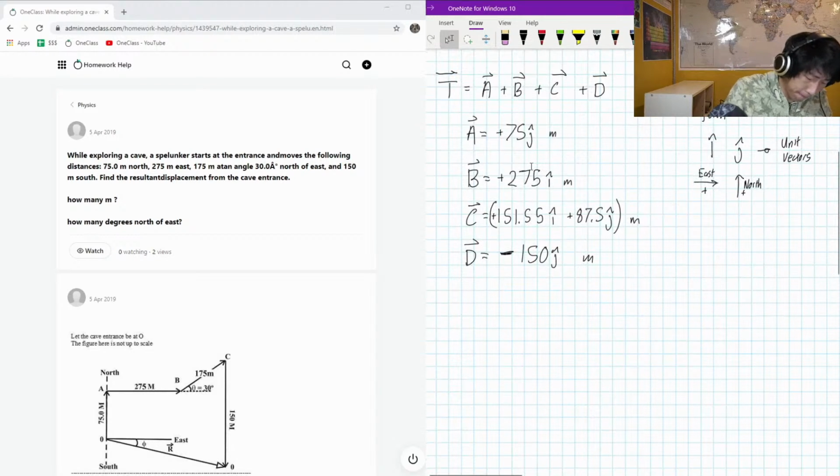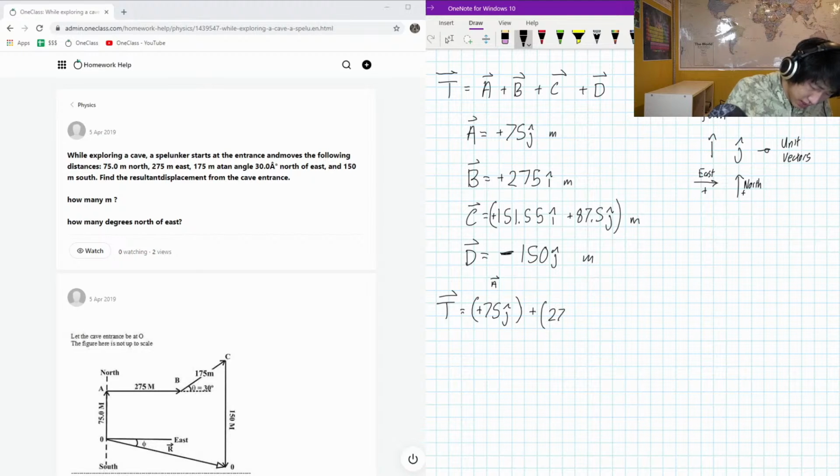Now we just got to put them back into here, and we can get our T value. So A is plus 75J, and I'll write meters all at the end. So this corresponds to A, plus our B vector, which is 275I.